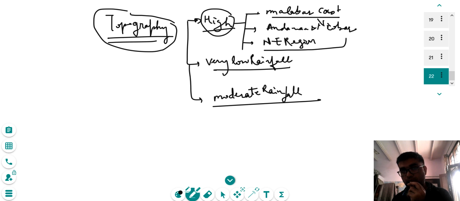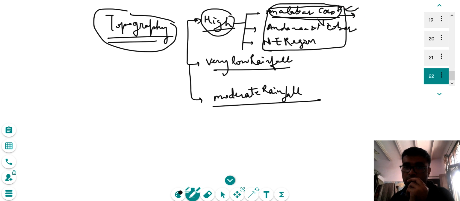The reason for all three is almost the same. In the Malabar coast, it is the first burst of the monsoonal rainfall which strikes the Malabar coast. In case of Andaman and Nicobar, it is the most tropical zone of India, and the Bay of Bengal branch severely hits the islands. In the northeast region, again the Bay of Bengal branch hits.